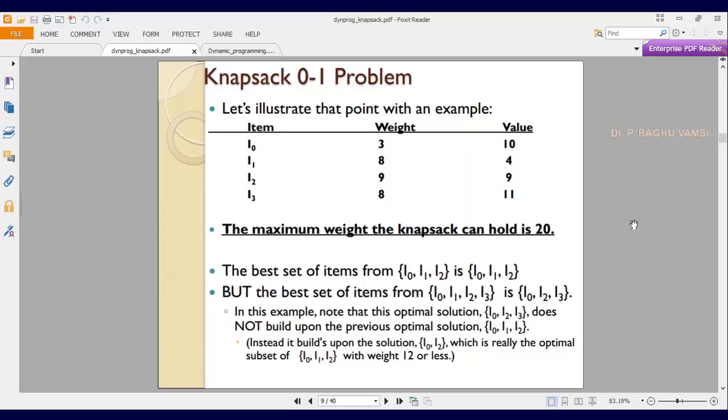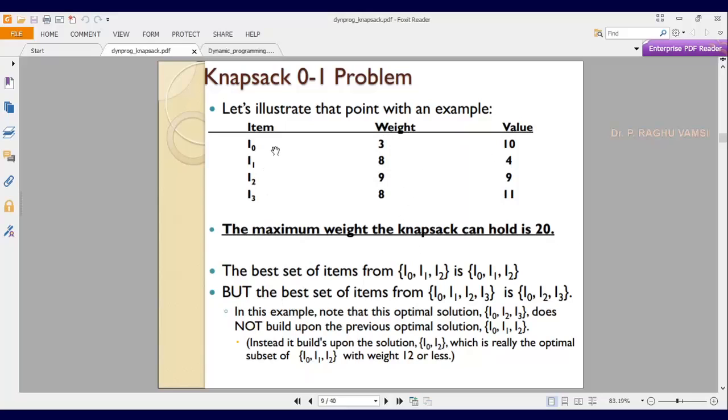The best set of items, whenever you consider the first three items, is I0, I1, I2. That means 3 plus 8, which is 11, plus 9, is 20. So 20 is the weight which can be fitted into the bag.